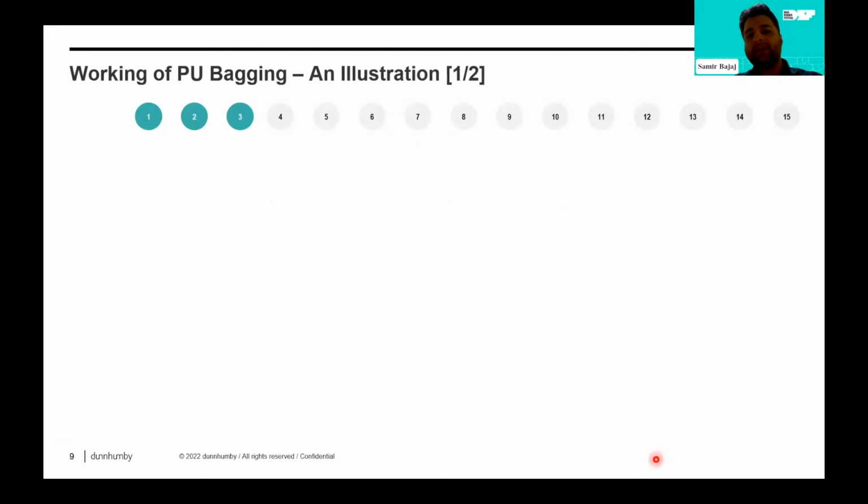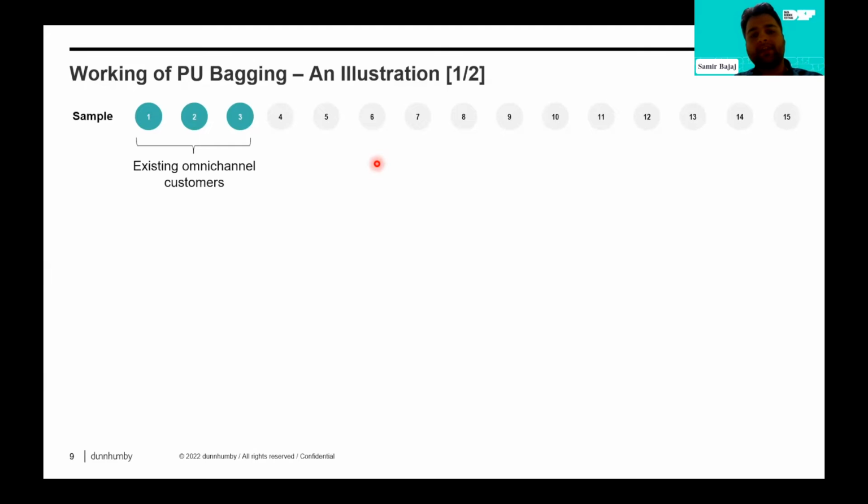So how does PU bagging work? To explain that, let's say we have these 15 customers: customer 1, customer 2, customer 3, and so on till customer 15. Their ID numbers are in those nodes. Those highlighted in green are customers who have shopped online in the previous 12 months. And the remaining customers, highlighted in gray, from 4 to 15, have never shopped online in the previous 12 months.